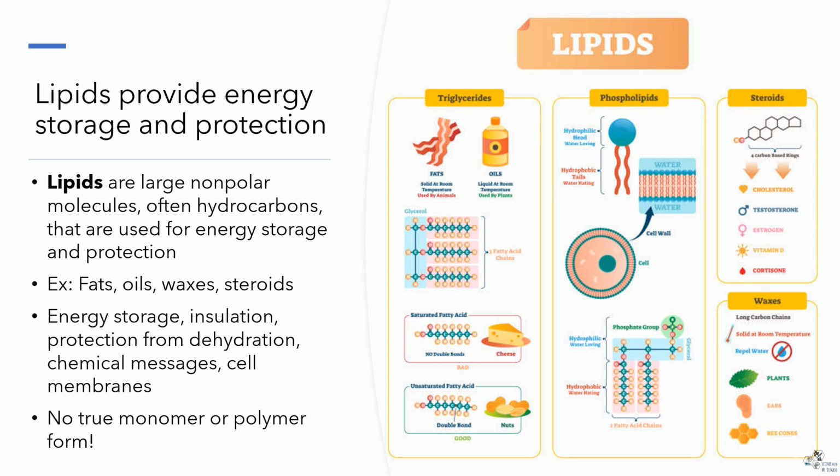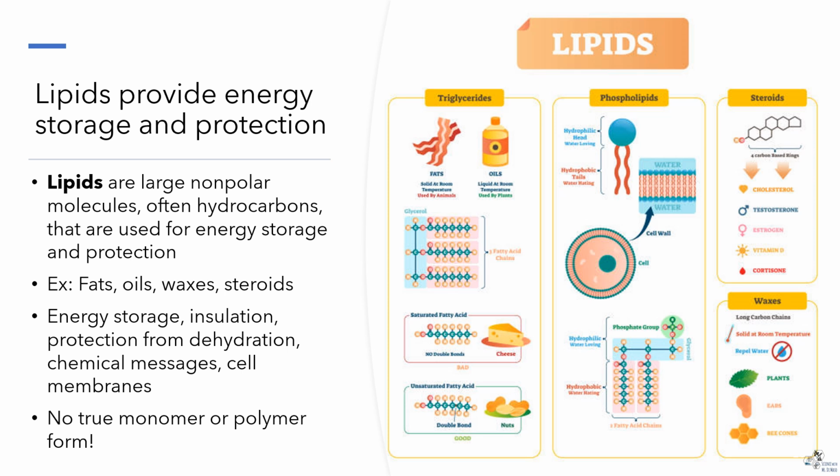Because they are very large and they have repeated structures with a lot of bonds in them, bonds contain energy. So this is how we store energy inside our cells. So we use them for that energy storage, and we can use them for protection as well from the elements, things like that. Some examples that we're familiar with: fats, oils, waxes, steroid hormones, things like that.